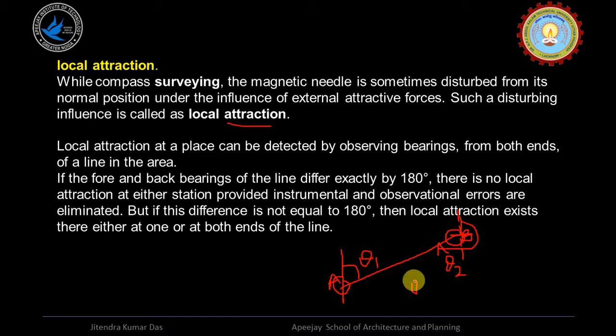I already told you there is one universal law: theta 1 minus theta 2 will be equal to plus or minus 180 degrees. So if the difference between the two bearings is 180 degrees, it means there is no local attraction at points A and B. And suppose it is not 180 degrees. In that case, there may be a possibility of local attraction either at A or at B.